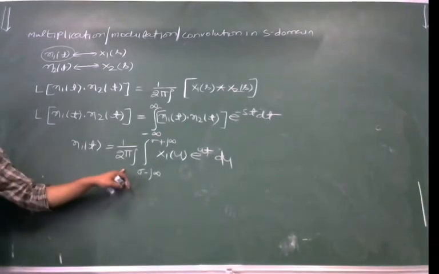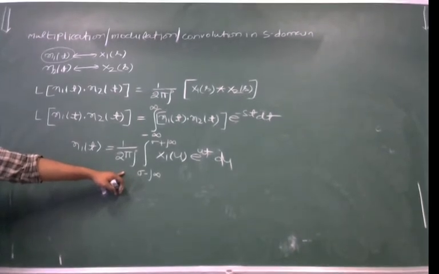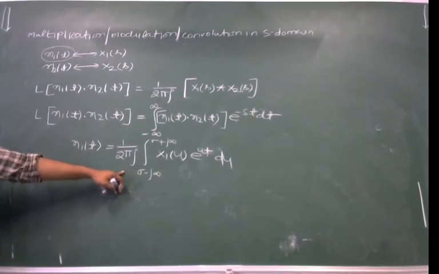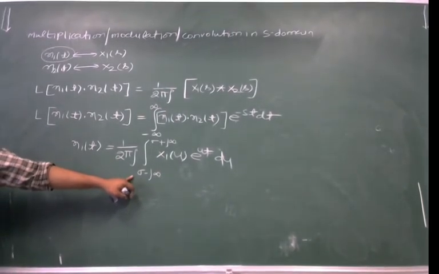This is the inverse Laplace transform of the signal x1(t), because the Laplace transform of x1(t) is X1(s), so x1(t) can be written in this way also.